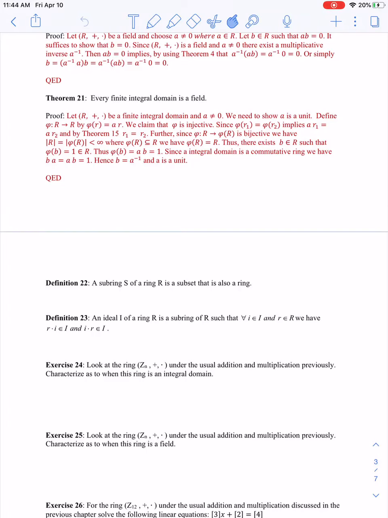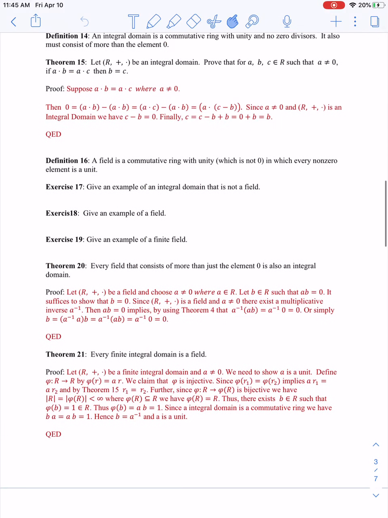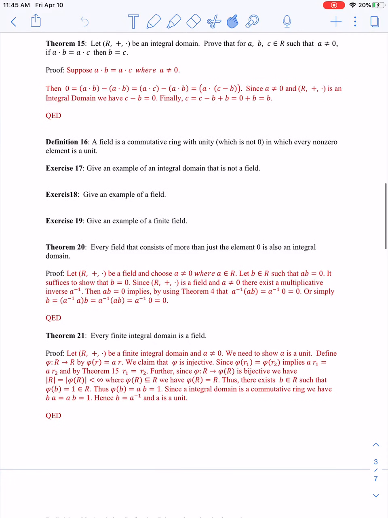All right, we're going to start out with Theorem 21, and Theorem 21 says the following: that every finite integral domain turns out to be a field. Remember, previously we proved that every field consisting of more elements than just zero is an integral domain, but Example 17 should be an example of an integral domain that's not a field.